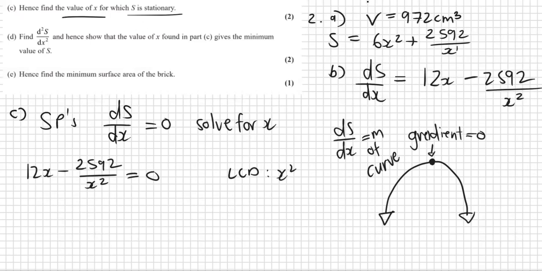So in order to get both terms over x squared, 12x, you'd have to times top and bottom by x squared, which was over 1 times x squared. So it'll be 12x squared times x is 12x to the power of 3 over x squared minus 2592. It already had an x squared, so we don't need to change anything.